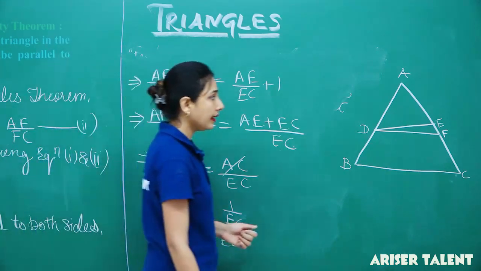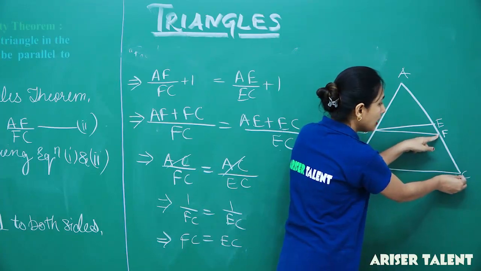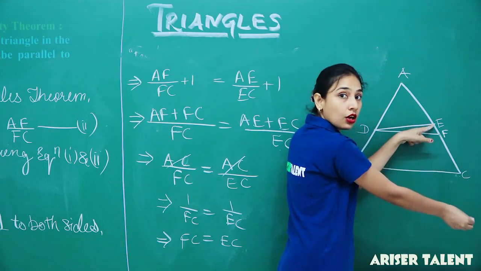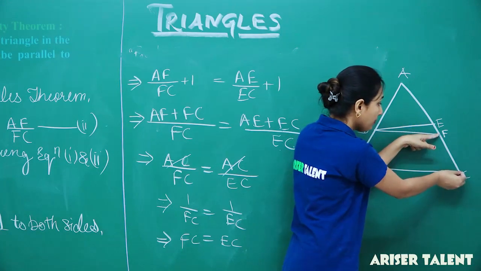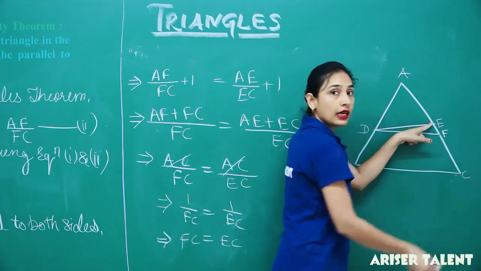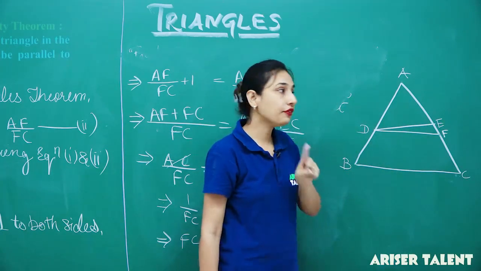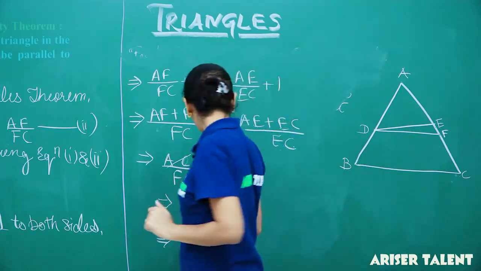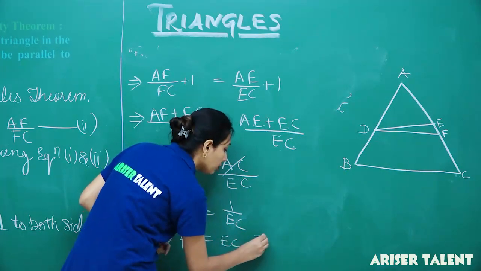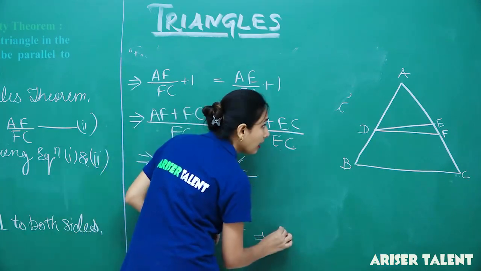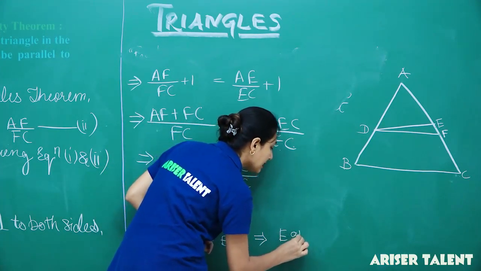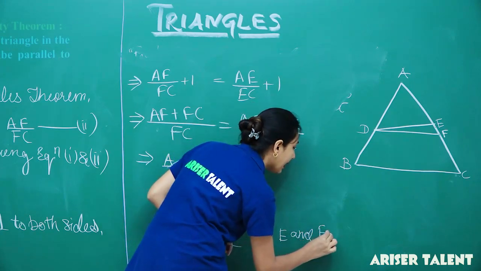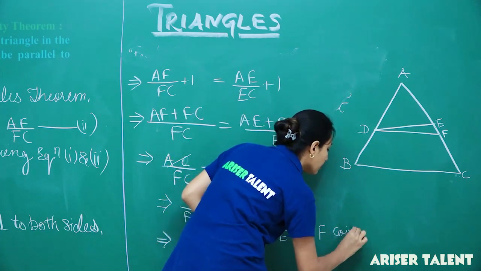Now students, if FC equals EC, what does that mean? That can be only when E and F coincide. So what will we conclude? E and F coincide.